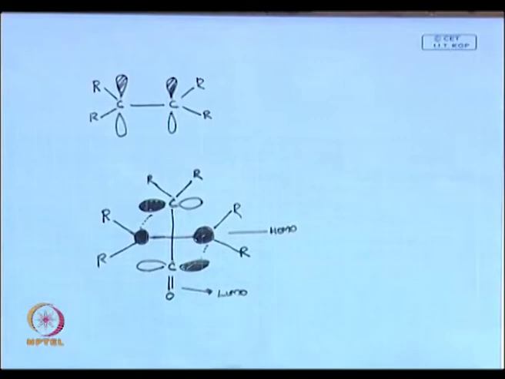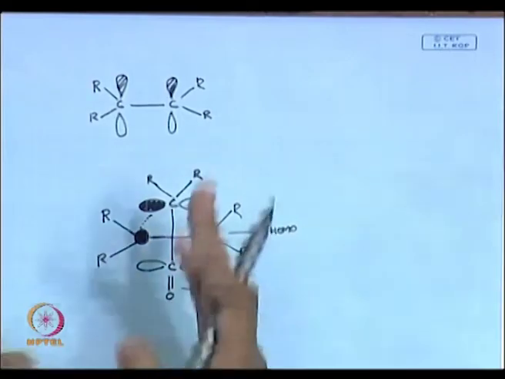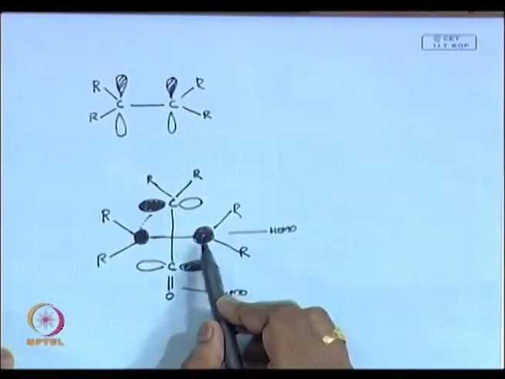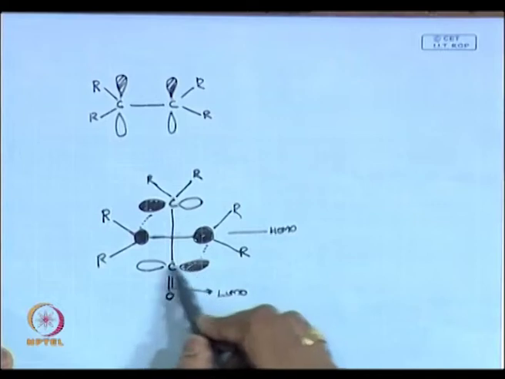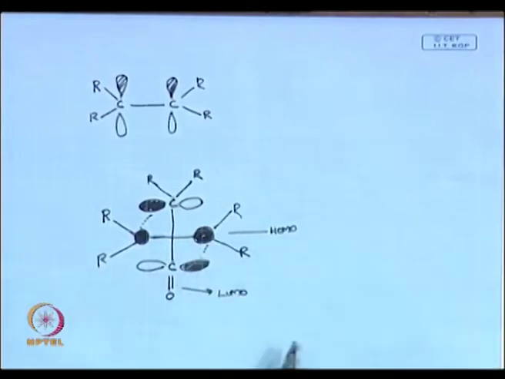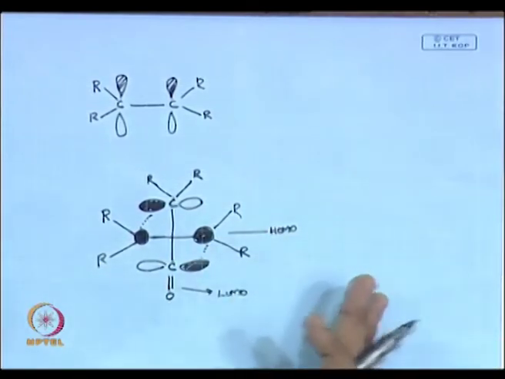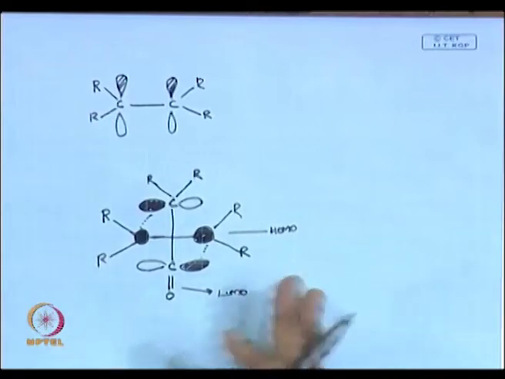So, it should be supra and antara type, because of the sitting nature of that, okay. It can be white here, so that you can get the white stuff from here and make a bond, okay, fine. So, that is why the whole geometry allows this system to do your pi 2s plus pi 2a chemistry.